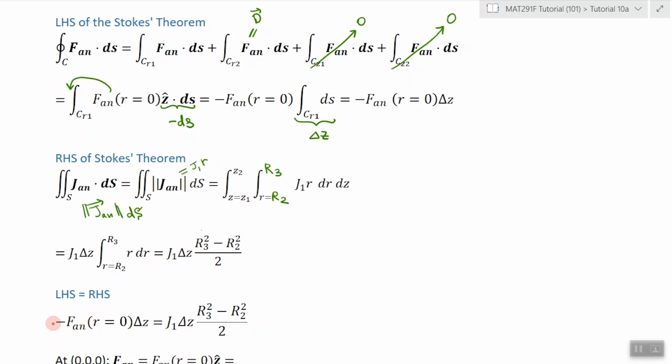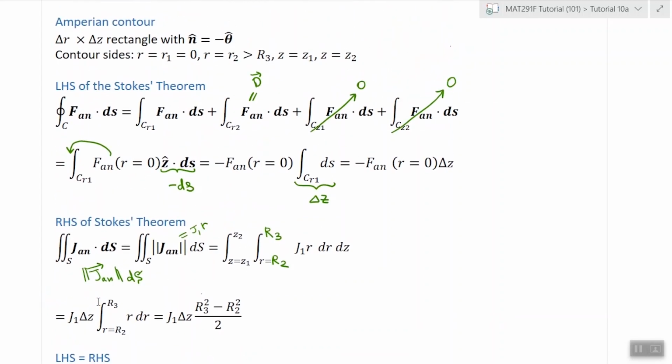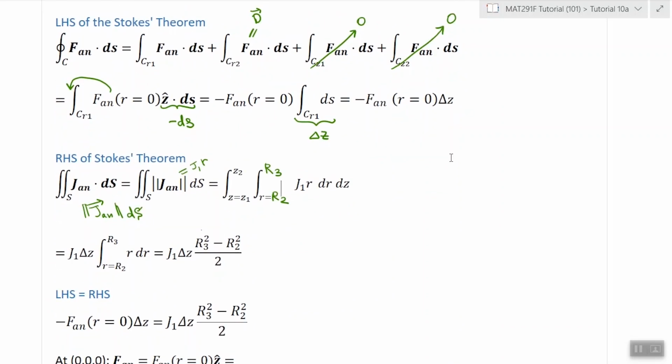The next step is to equate the two sides and solve for unknowns. The left-hand side was this. This is what I wrote here. The right-hand side, I copied it here.